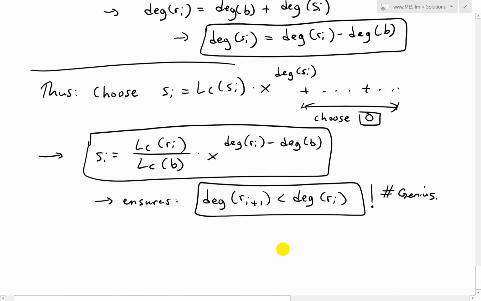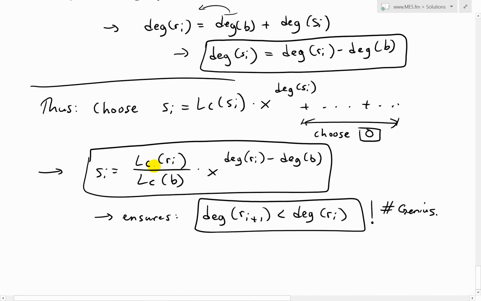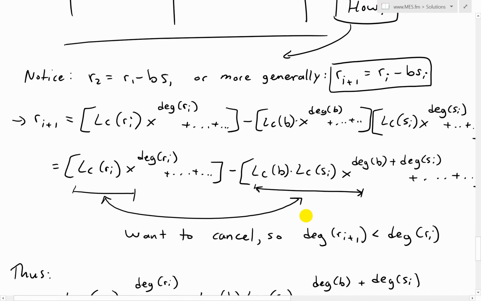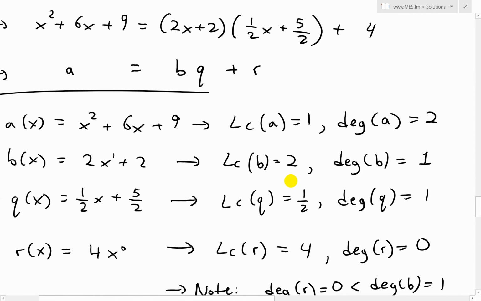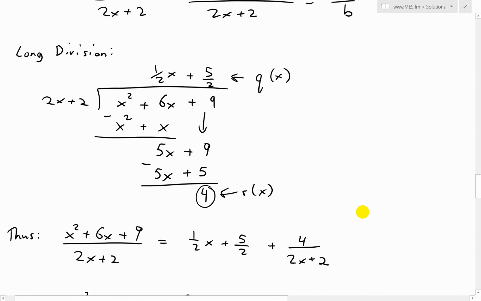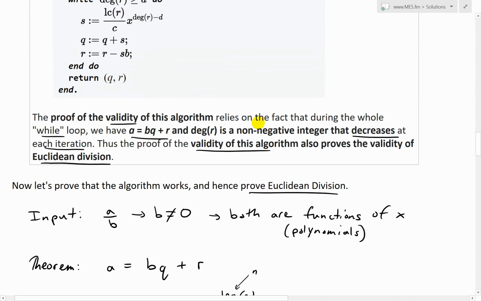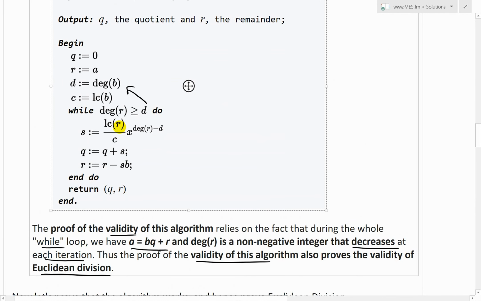So if we go back up, notice this one: the difference of the degrees of R_i and B, the leading coefficients, and then the subtraction of that. You have the division there, just to show you it's exactly the same, and that's why they chose S in such a way. They chose the leading coefficient of R divided by the leading coefficient of B, then x to the degree of R minus the degree of B, and it's exactly the same thing here.